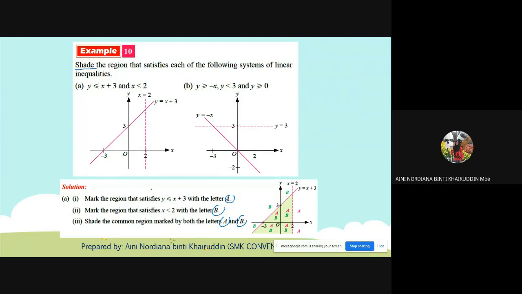Okay, by using arrow. For example for A, first identify the straight line. So y equals to x plus 2, this line.